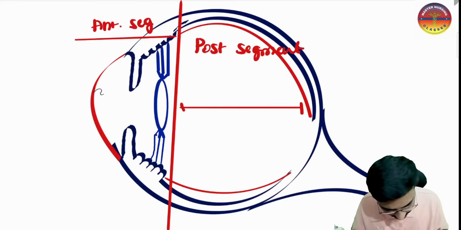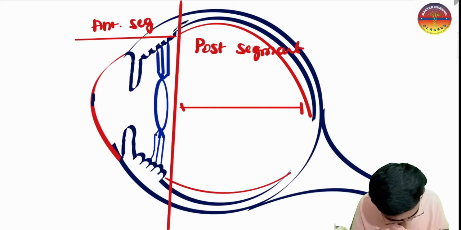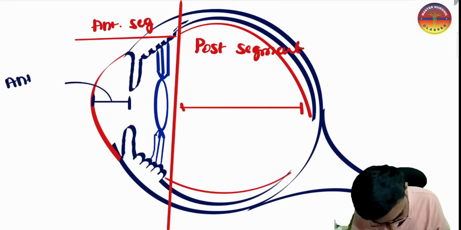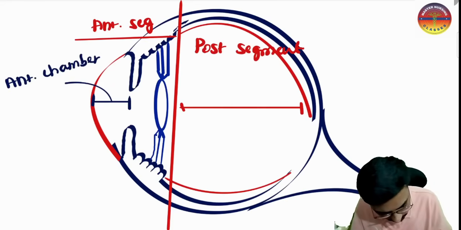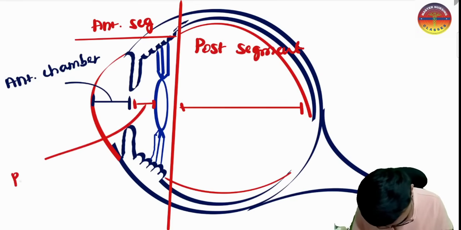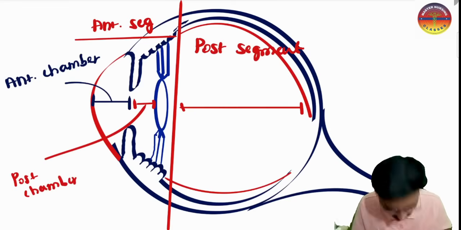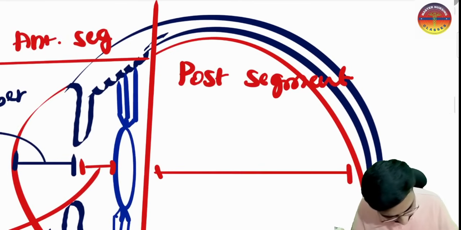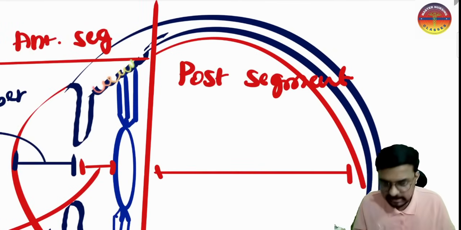From the cornea till the iris is the anterior chamber, and from the iris till the lens is the posterior chamber.